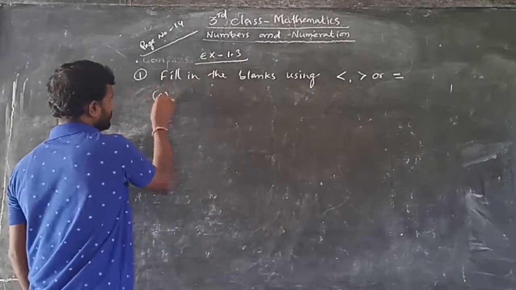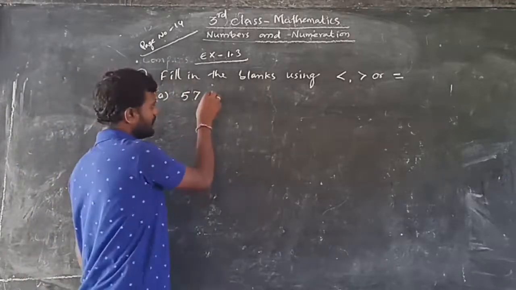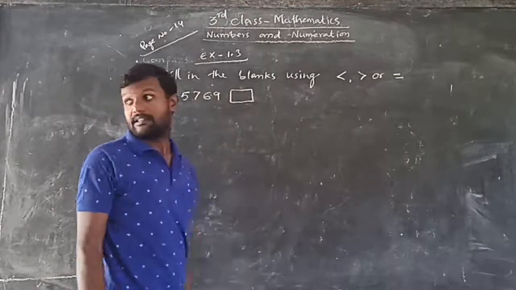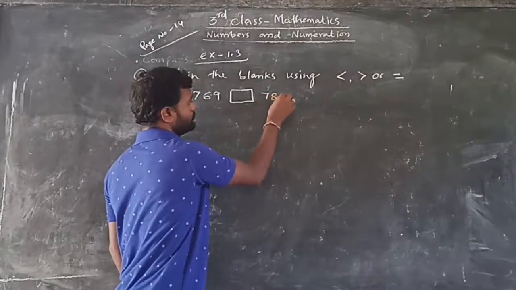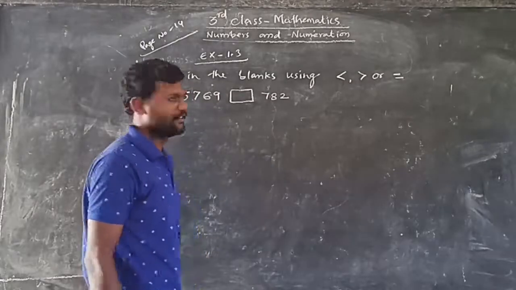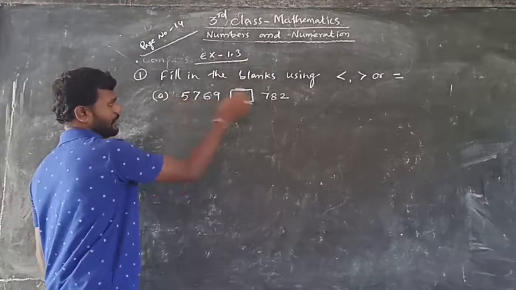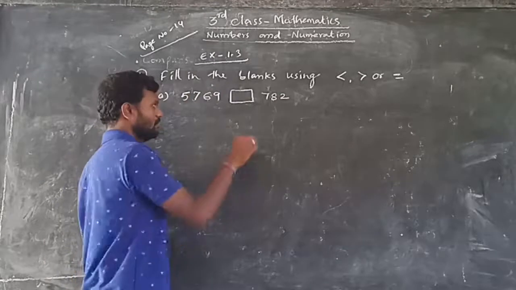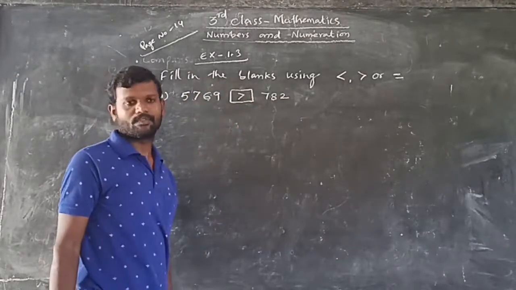A is 5769 and 782. What symbol do we have to use? Which number is bigger of the two? This one has 4 digits and this number has 3 digits. So which is bigger? This is bigger. So you have to use the greater than symbol.